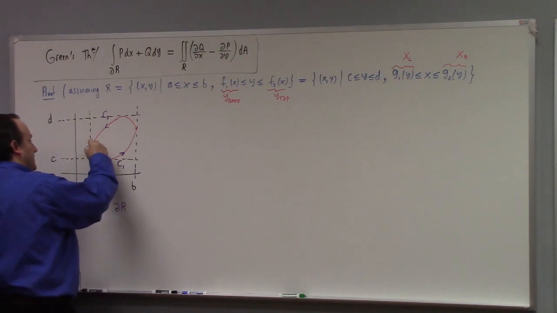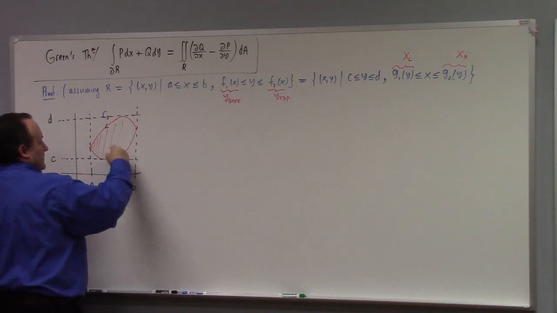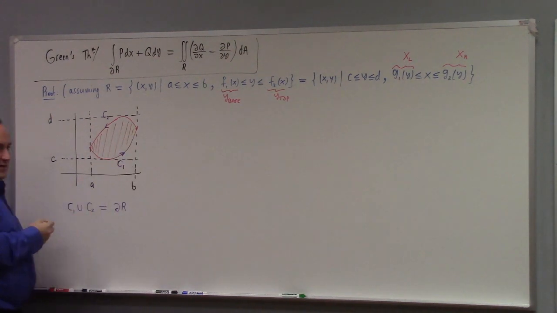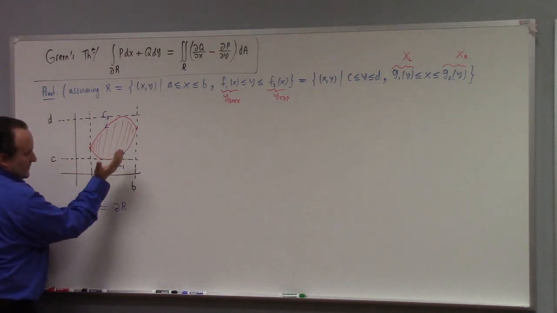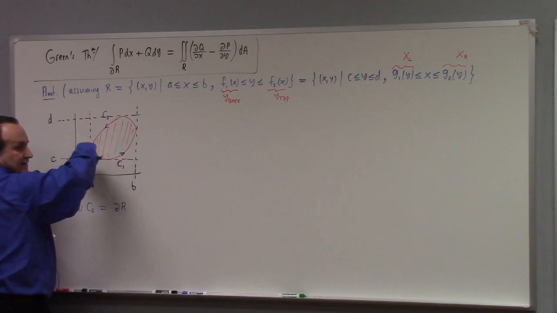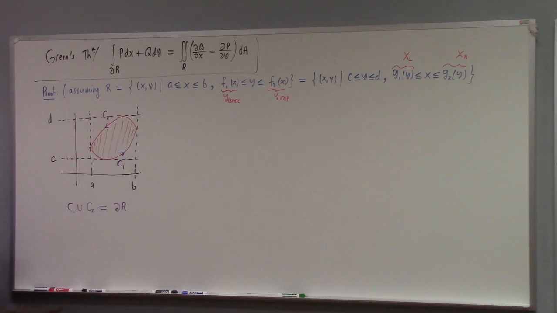So R is this region all together in here. And notice that the boundary of R is the counterclockwise oriented outer boundary.